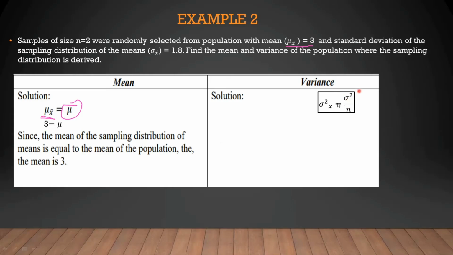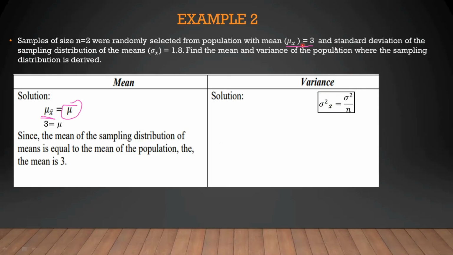Since we have here the variance of the population, ito yung formula na gagamitin natin. Hindi pwede yung isa dahil standard deviation ang nakalagay doon. Since this is the formula, we are going to find the variance of the population.